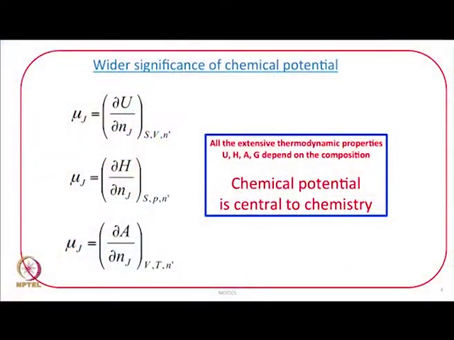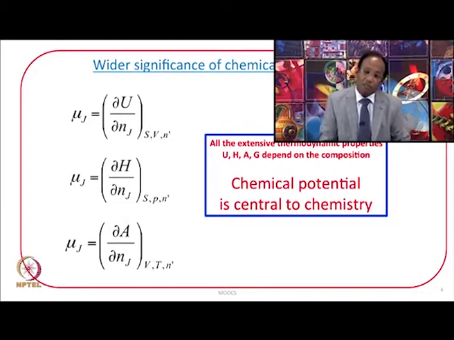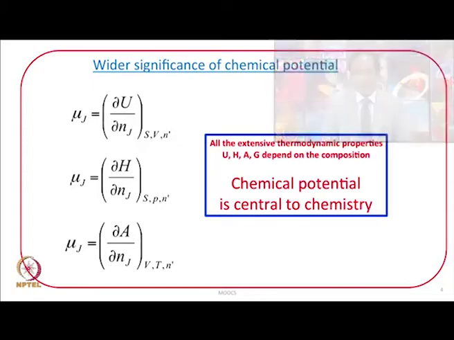So what we have done is show that all the extensive thermodynamic properties such as internal energy, enthalpy, Helmholtz free energy and Gibbs energy depend on the composition. This is the reason chemical potential is considered to be central to chemistry.